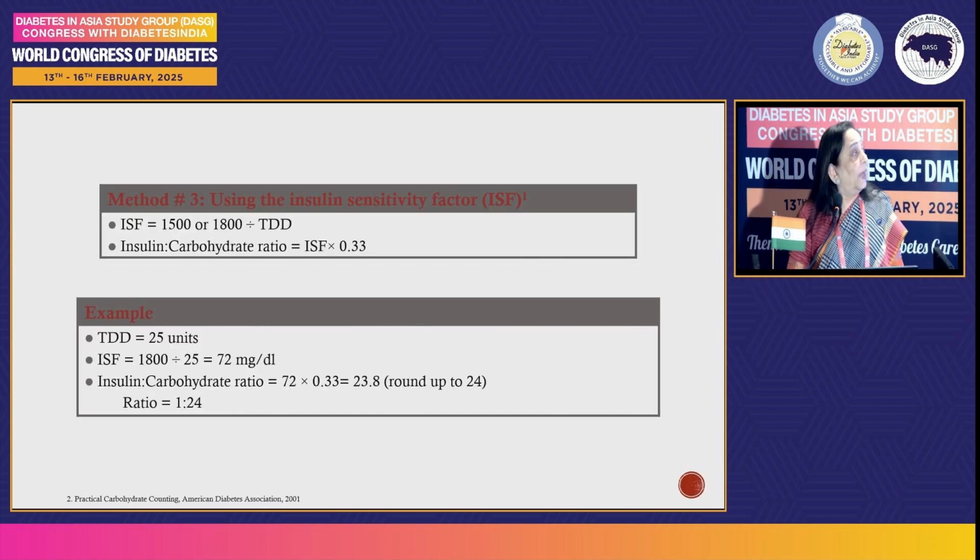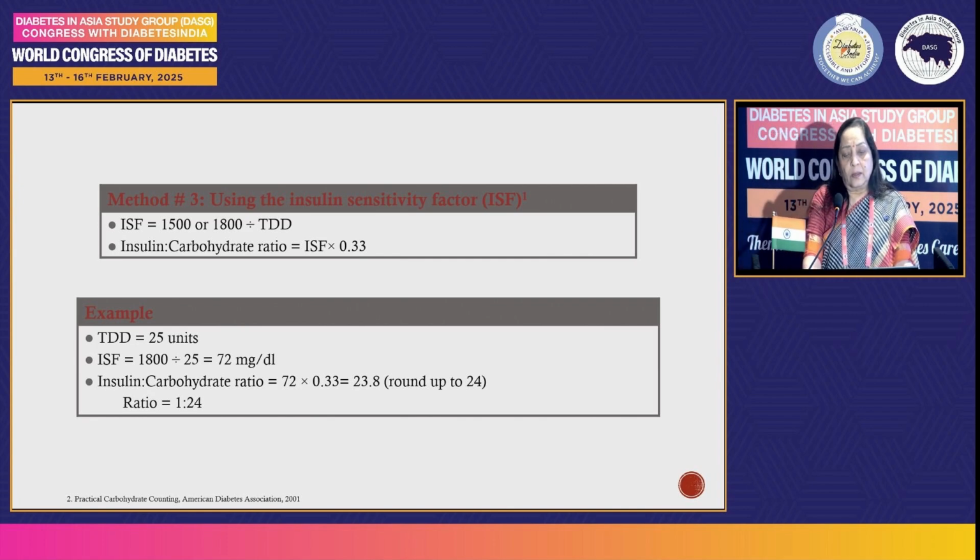So this is the method for the insulin sensitivity factor, which is 1800 divided by the total daily dose. You can also convert the insulin carbohydrate ratio to the insulin sensitivity factor. You multiply the insulin sensitivity factor by 0.33, and you get the insulin carb ratio.